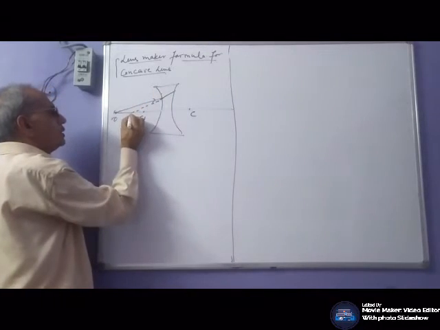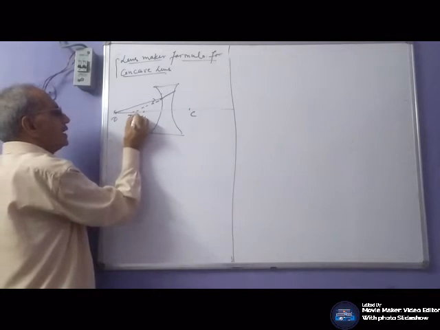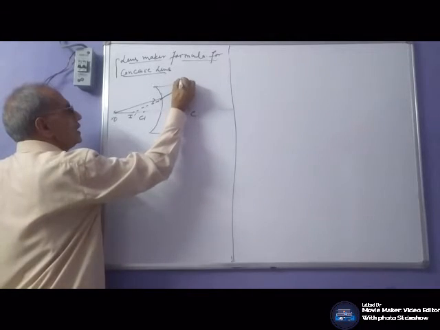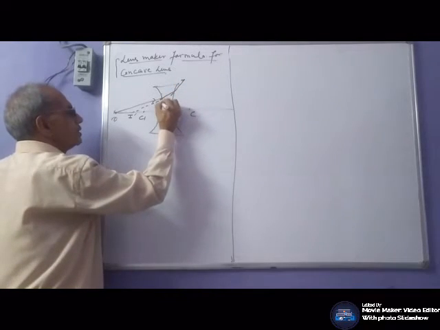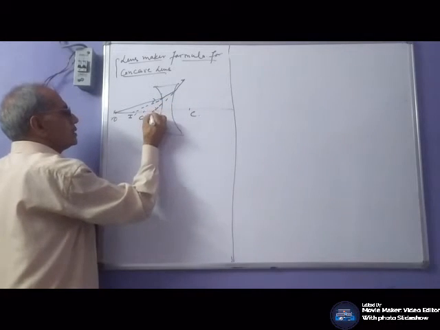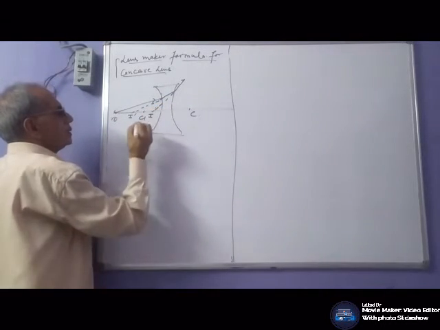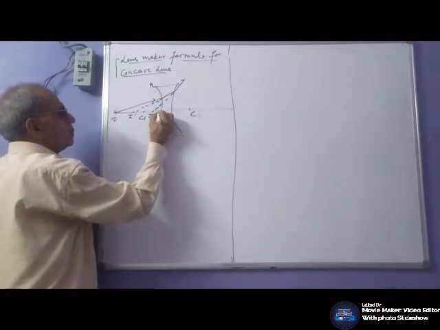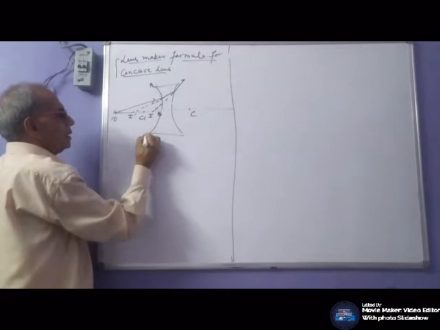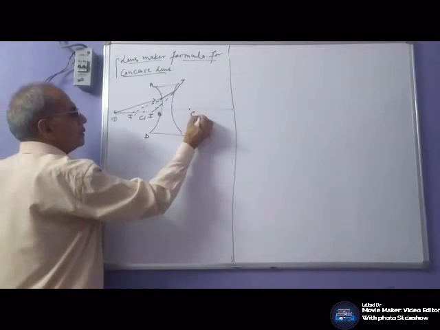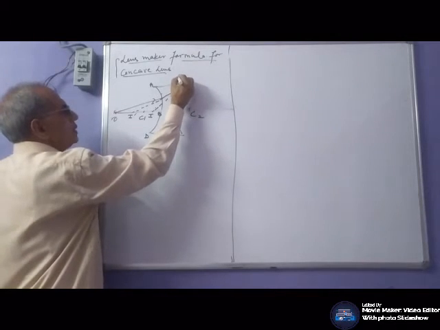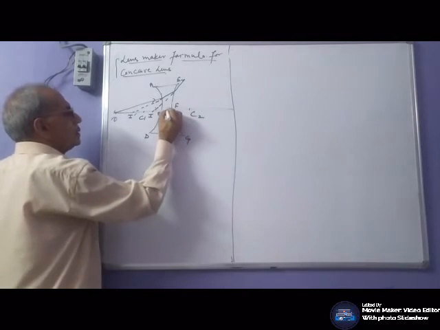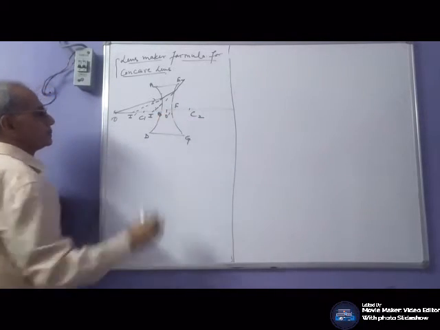For this surface only, this is I dash. Still away. For this surface, this is I. And the lens is A, B, D, and it is E, F, G. Here it is O dash.